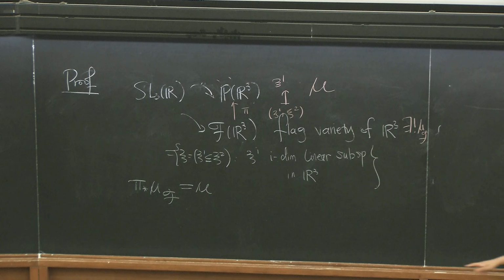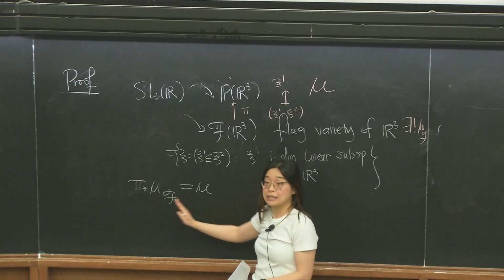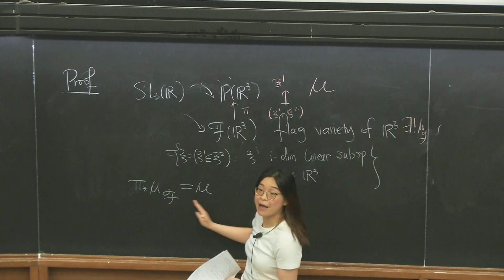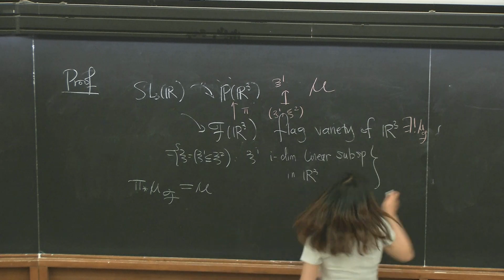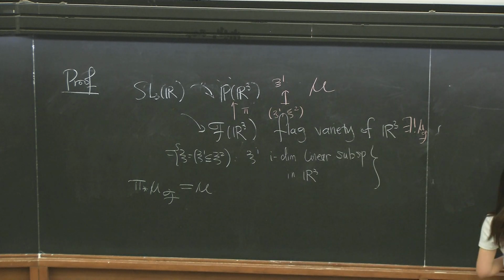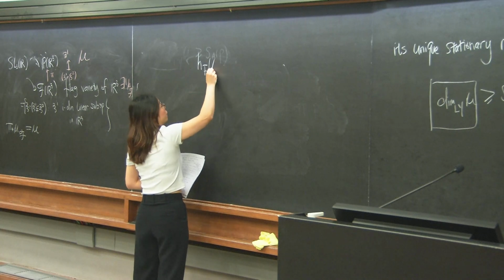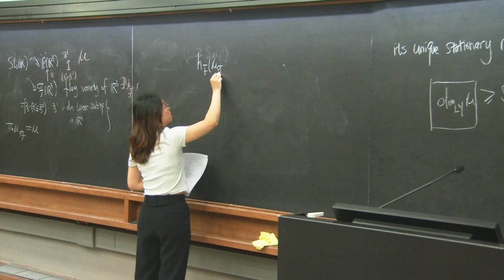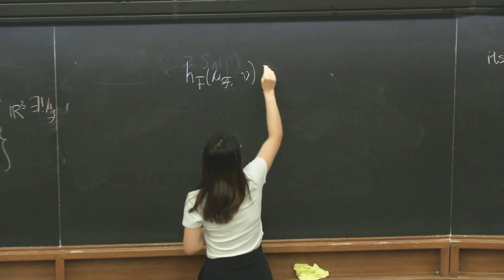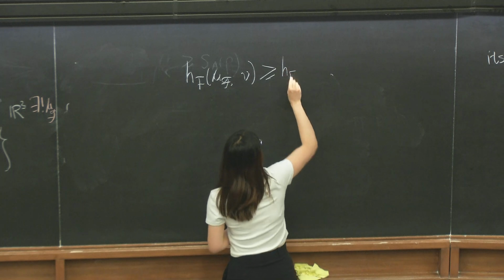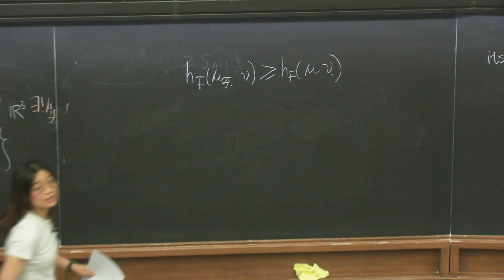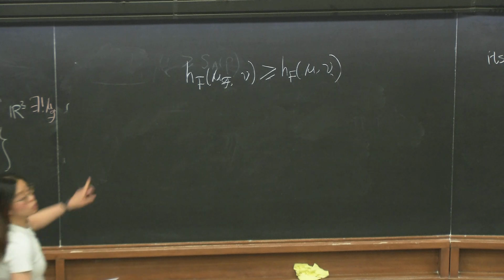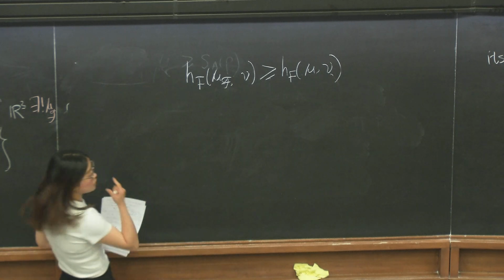And now we use the fact that the first number entropy is monotone with respect to the factor map. We have this inequality: the first number entropy on the flag variety is greater or equal to the first number entropy on PR3. To continue, I use two facts.